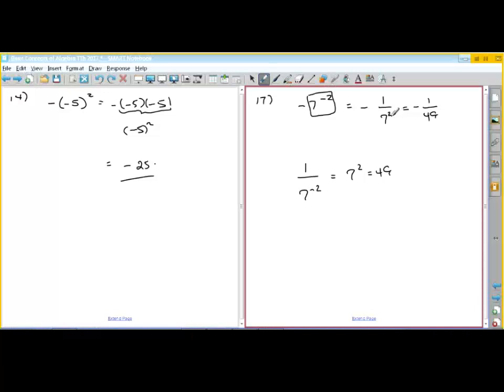So the original one shows a negative exponent in the numerator, making it positive in the denominator, but the exact opposite is true. If you have a negative exponent in the denominator, you just move it to the numerator and make it positive.